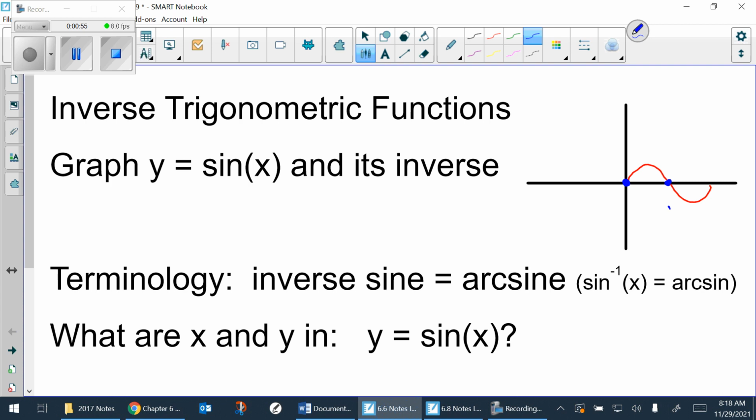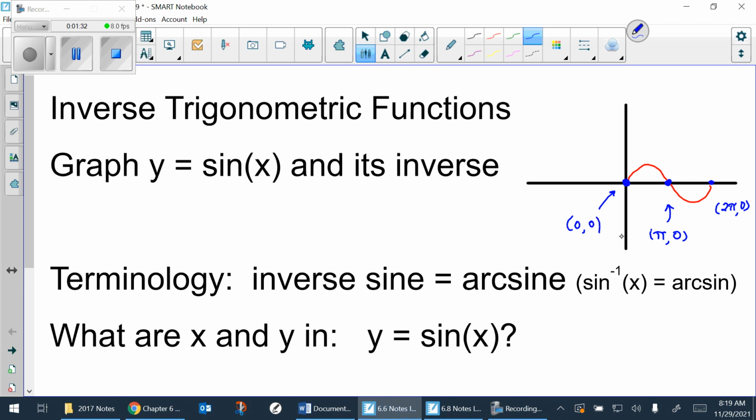The sine is 0 when the x value is pi, the y value is 0 again. It happens again out here when the x value is 2 pi, the y value is 0. And right here, like we said, 0, 0.